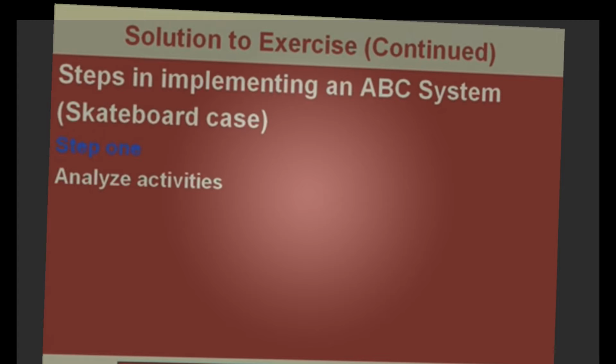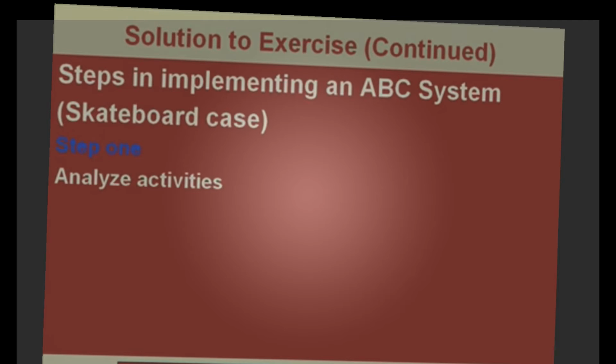We already did that, haven't we? Look at the case study. We have analyzed activities into administration, purchasing, production. Production includes warehousing and handling, cutting, gluing, setting up molds, painting, assembly, and marketing, right? So this step is done for our case study.